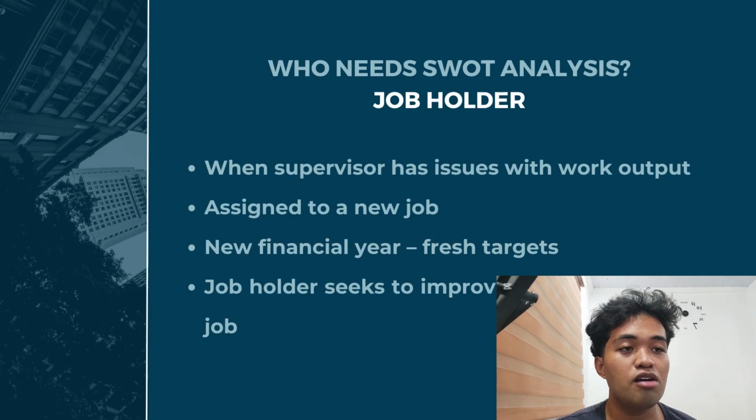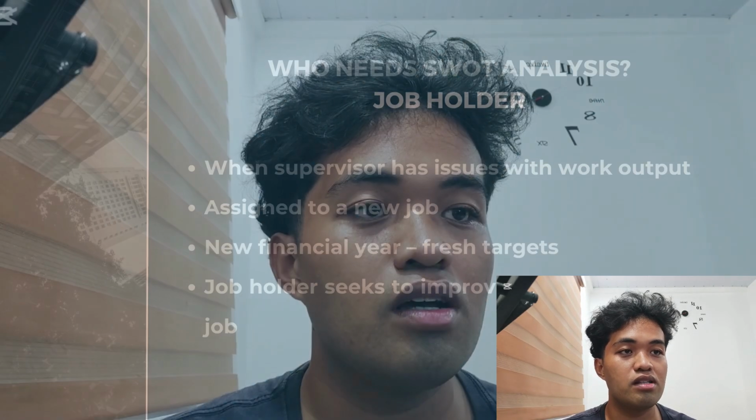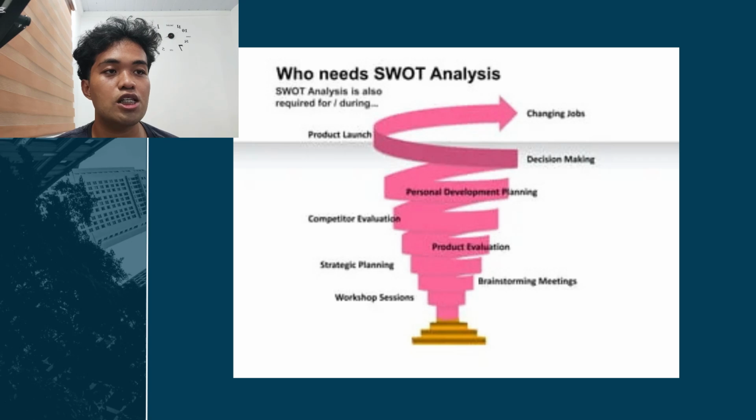First, job holder. For the SWOT analysis, strengths is identify the individual skills, experience, and positive qualities that could be leveraged to improve performance. Based on the SWOT analysis, the job holder might focus on developing communication skills to better convey ideas and collaborate with colleagues. Next, the weaknesses.